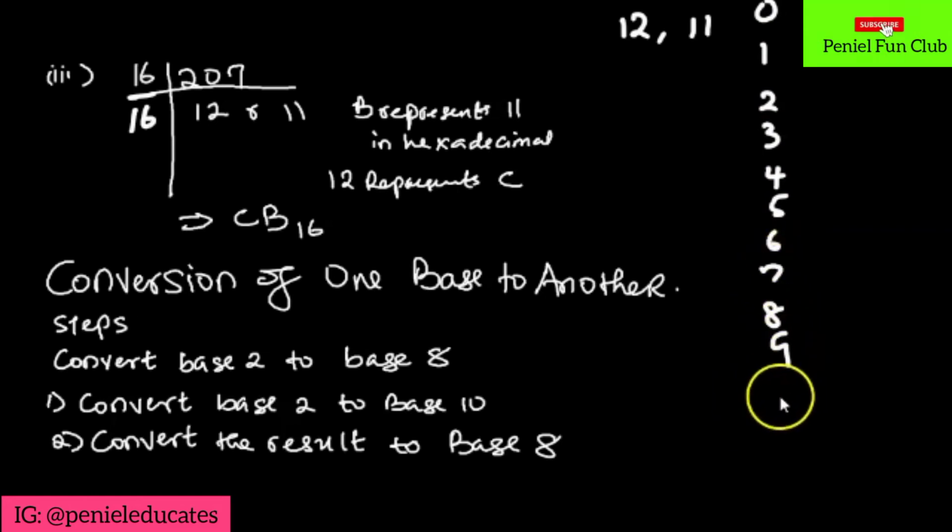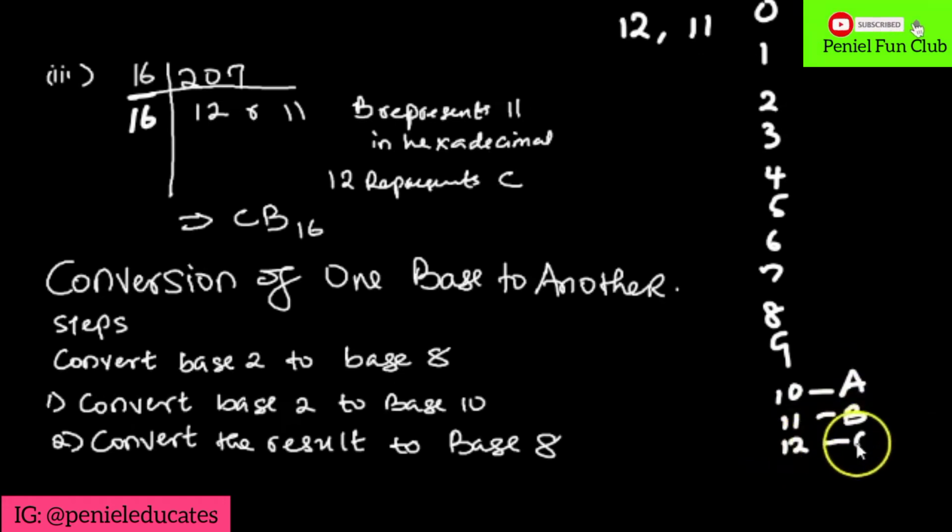When you get to number 10, instead of writing 10, you represent it by A. 11 is B. 12, you represent it by C. 13, you represent it by D. 14, you represent it by E. And 15, you represent it by F. So that is how hexadecimal is. It's from A to F instead of writing 10 and 11.